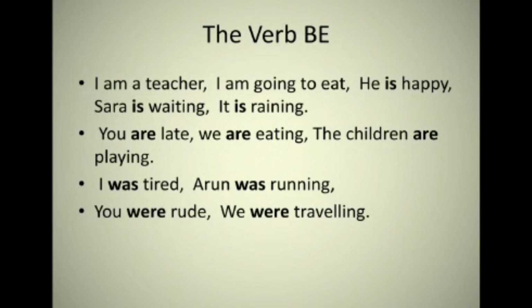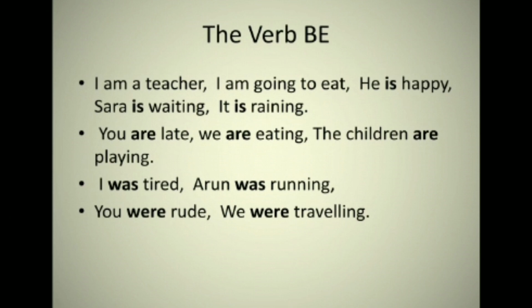In the past, the rule is slightly different. For singular noun subjects, and for the pronouns I, he, she, it, we use was. For example, I was tired, Arun was running. And for the plural subject and the pronouns you, we, they, we use were. You were rude, you were traveling. So in this way, you can see that some of these sentences have continuous verbs.